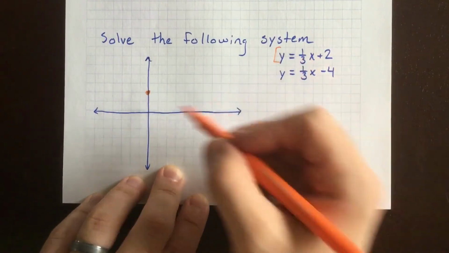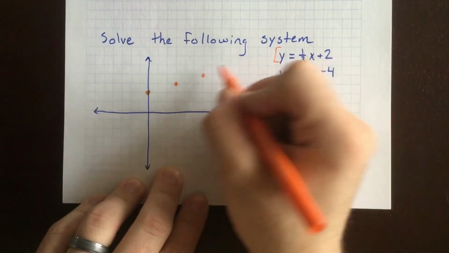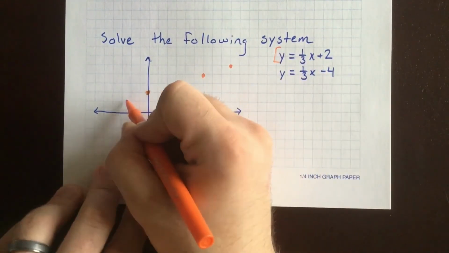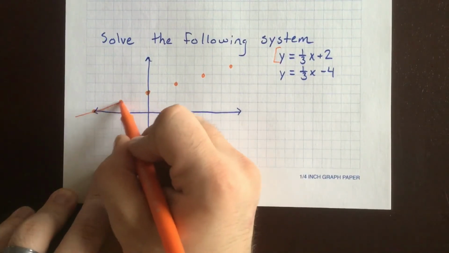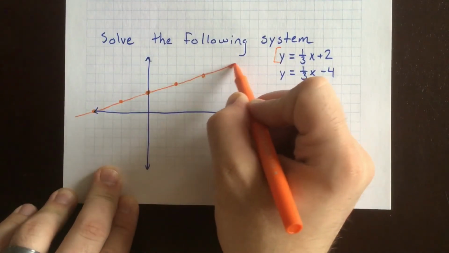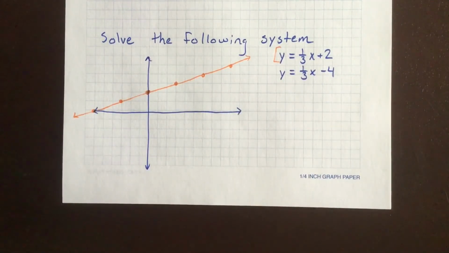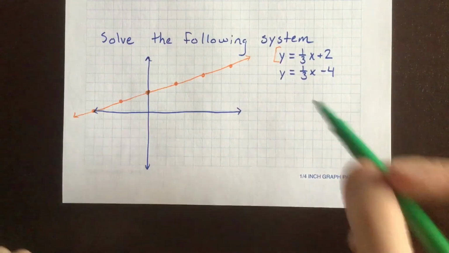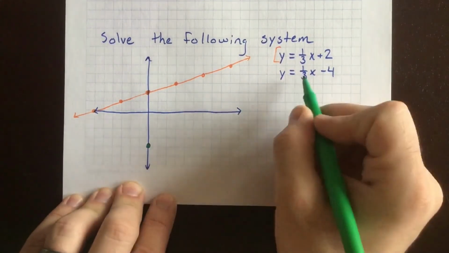Up 1, right 3. I'm just continuing that, and other direction. And using the green once more, starting point of -4, up 1, right 3.